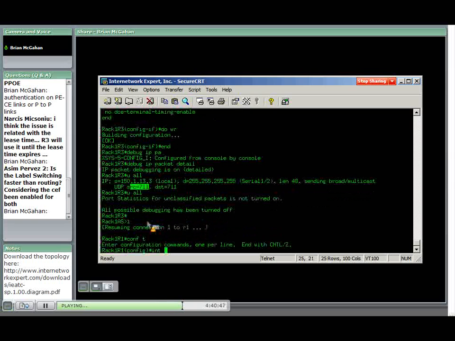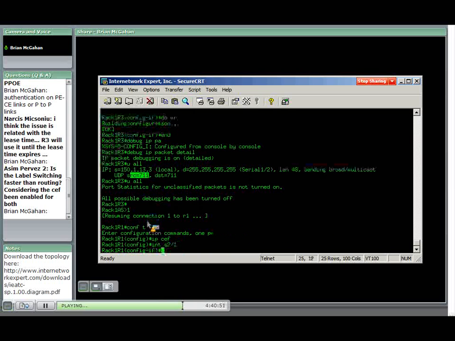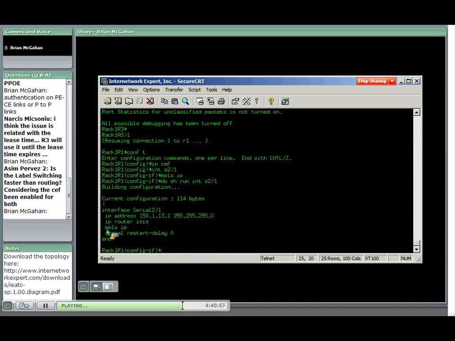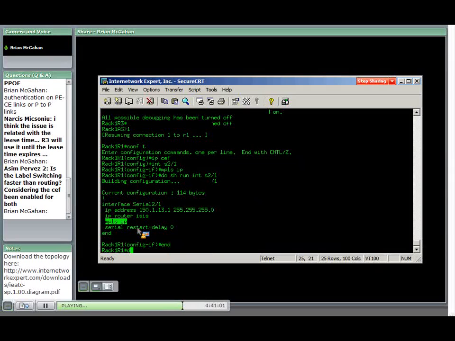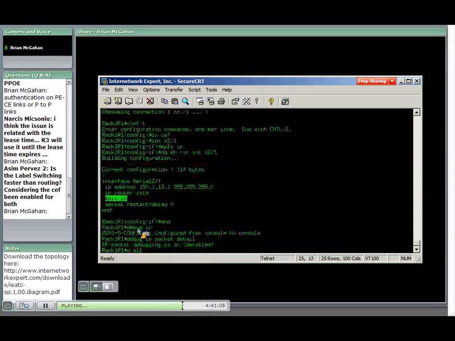Okay, if we look at the debug IP packet detail output, and really I should send this to the log, but I'm going to be risky. Let me write my configuration first. Debug IP packet detail. And not a whole lot of traffic going on, so it wasn't that much output.